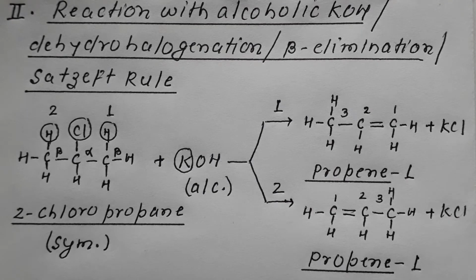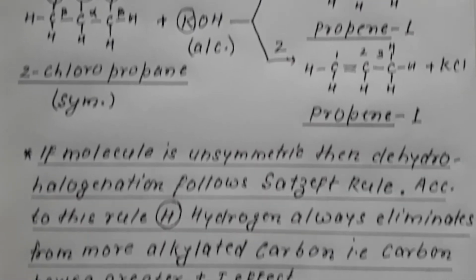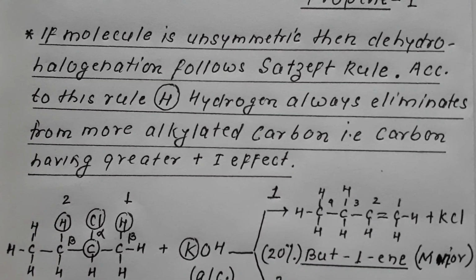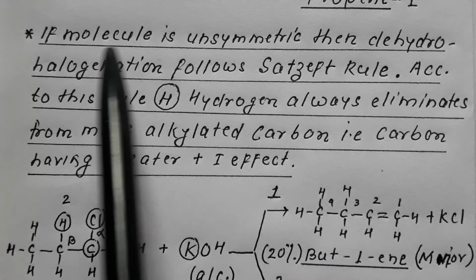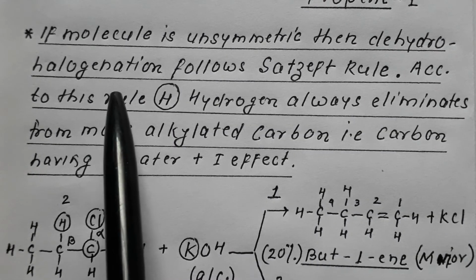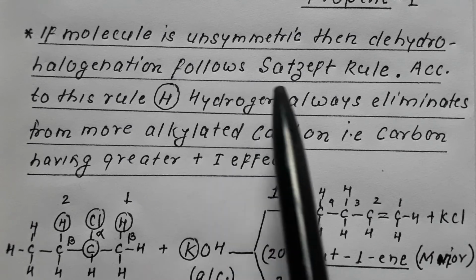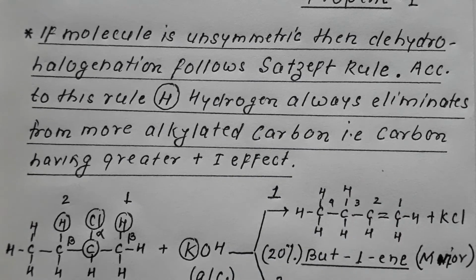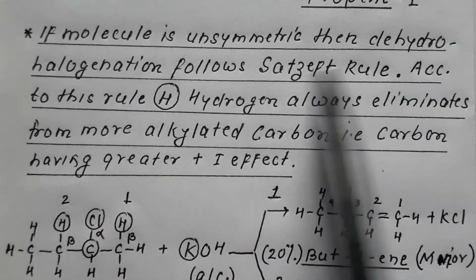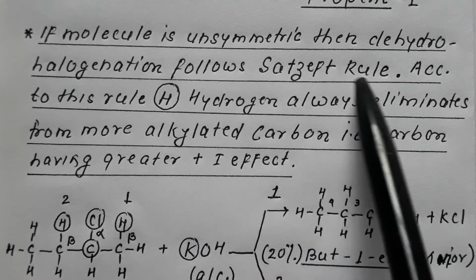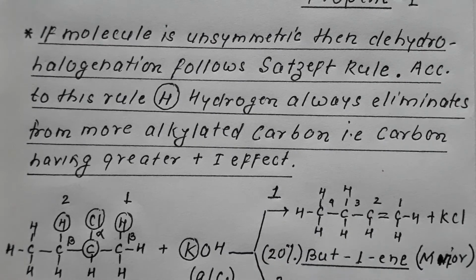But if a molecule is unsymmetric, then dehydrohalogenation follows the Saytzeff rule. What is the Saytzeff rule?